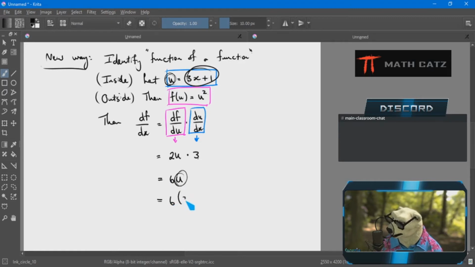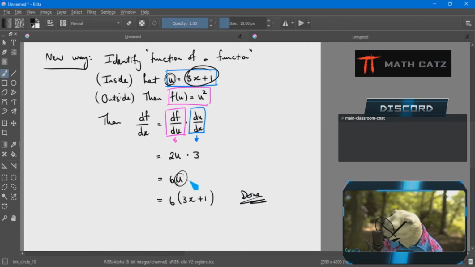So I simply substitute what u represents in terms of x, and then I'm done. So don't forget this last step. The u is my choice. Someone else could have called it something else, right? The u was a choice. So you don't want to leave your answer with that choice. You want it to be in the same variable as the original question was, as the original function was.